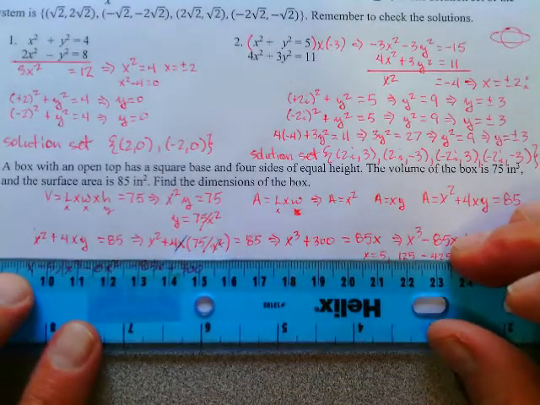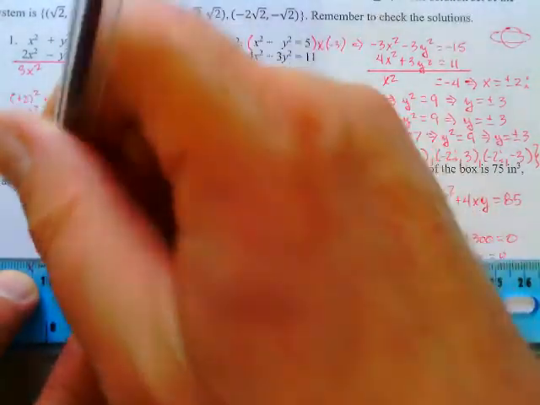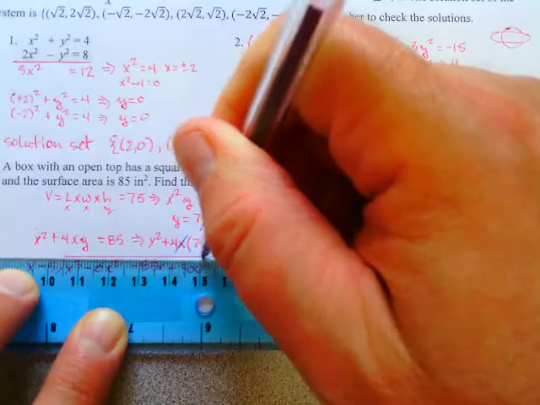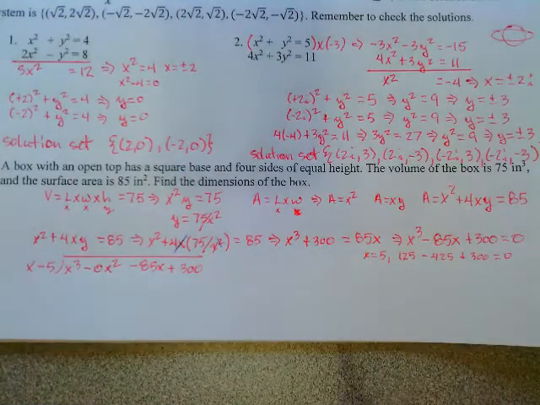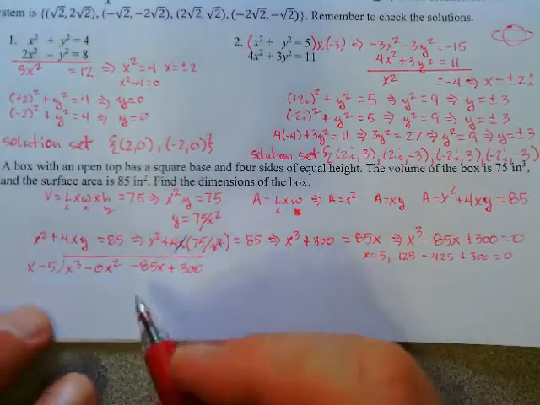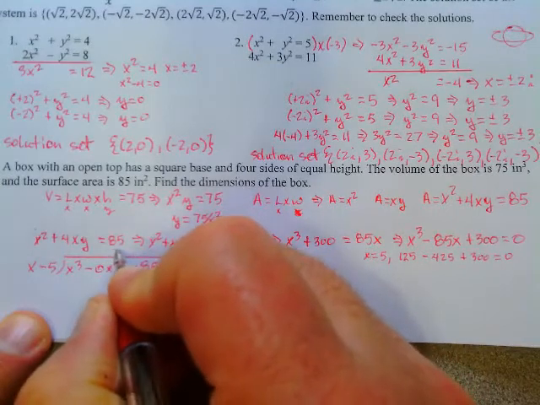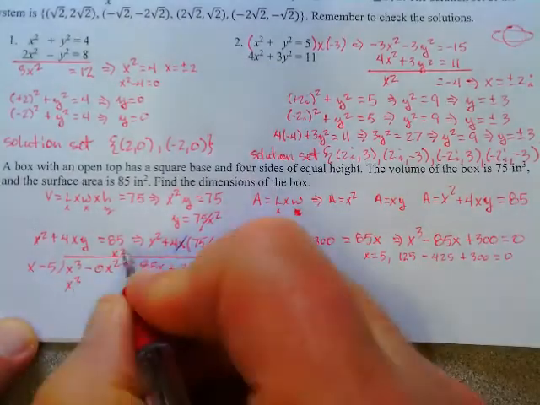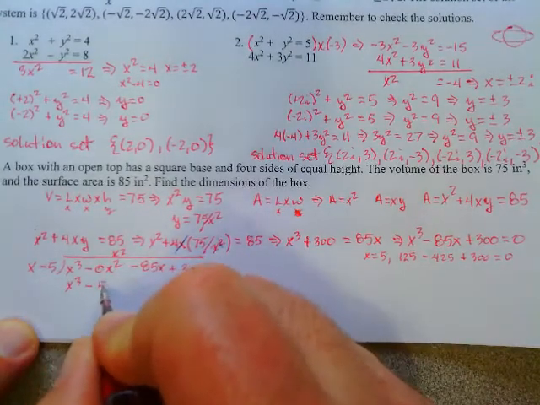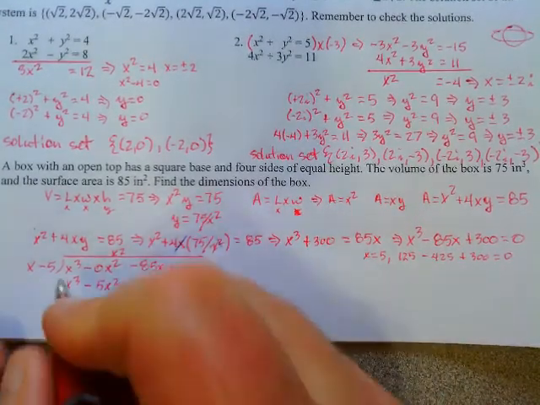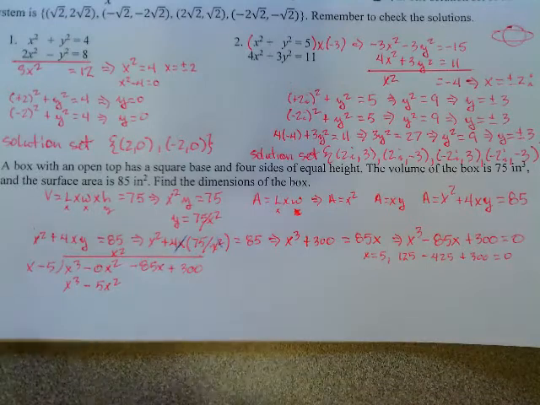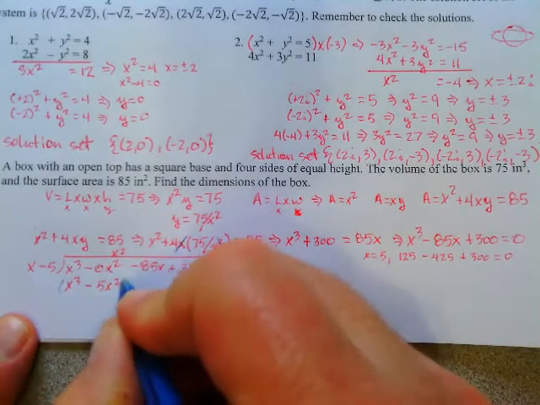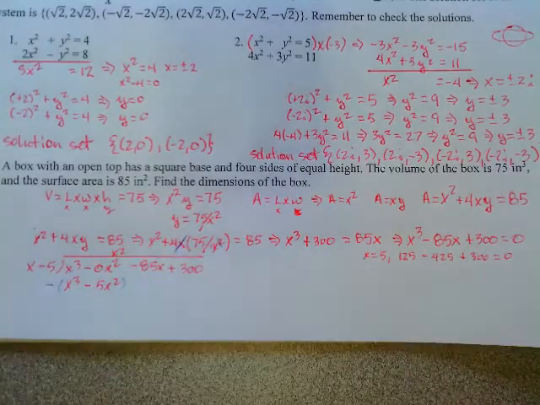Okay, and so we're going to do our long division here to see what we would come up with. First off, we need an x squared, since x squared times x would give us our x cubed, and then minus 5x squared. And then of course we're going to subtract that.